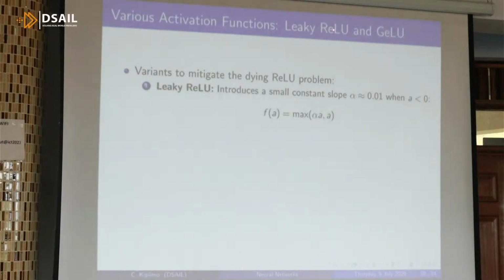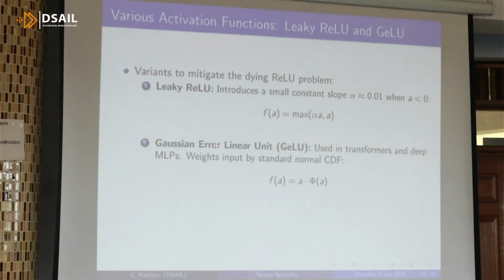Another one is the leaky ReLU, and another is GELU, which are meant to mitigate that dying ReLU problem. Leaky ReLU introduces a very small constant slope, like 0.01, for negative values of A. So rather than a flat line there, you still have a line, but with a non-zero gradient.